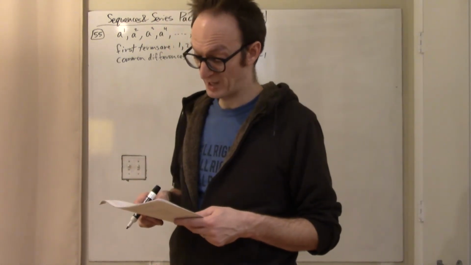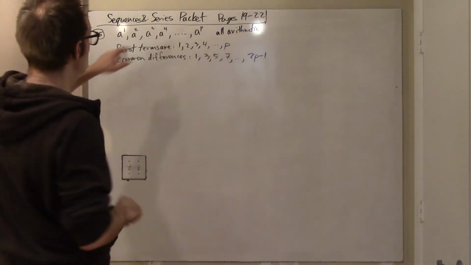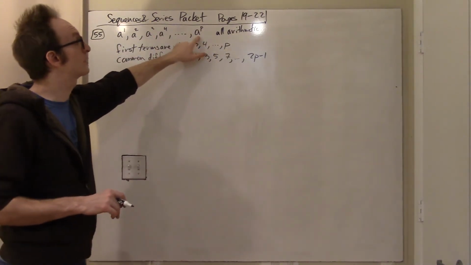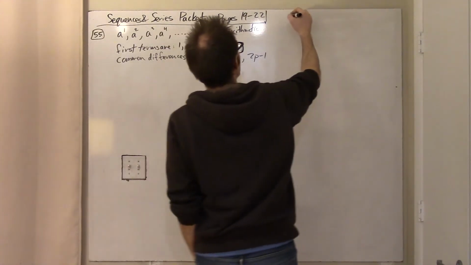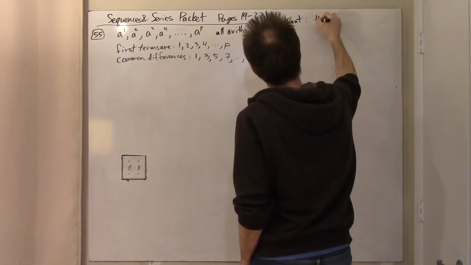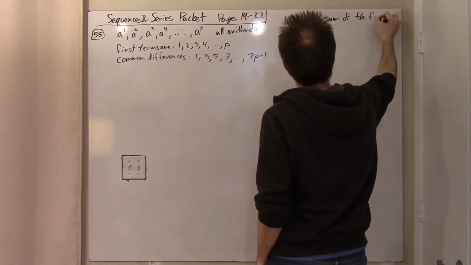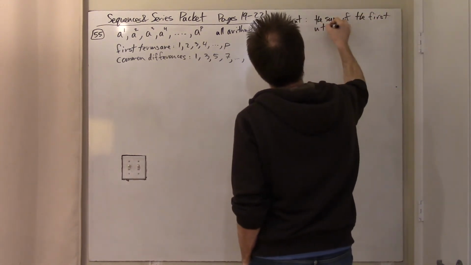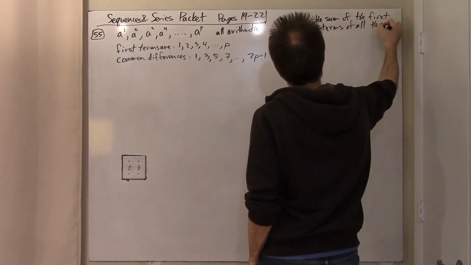So, let's go. Okay, so what's p? P is just the number of different sequences I have. What's n? N is the nth term. So maybe I'll just write it over here. What we want is the sum of the first n terms of all the sequences.